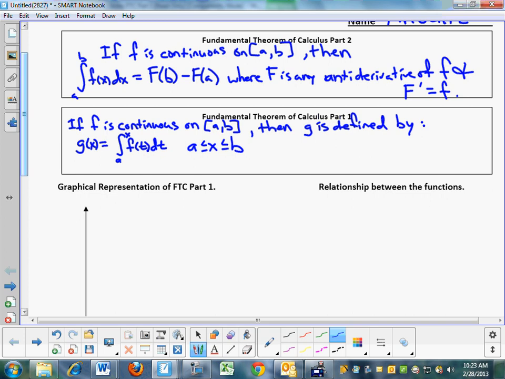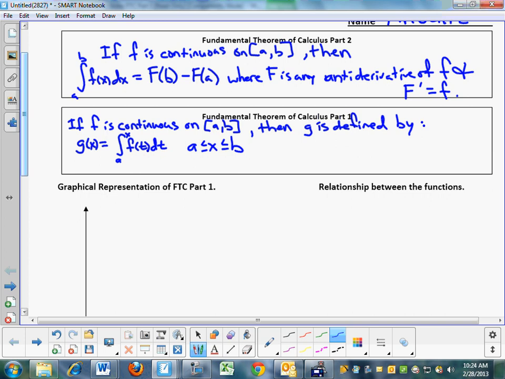B is going to be like the end of the interval, the last spot that we could evaluate. Note, we're going to run x from very small to very big. We're going to change its values. And I'll describe that graphically here in a second. So we'll put it down graphically and relate it back to what we state.